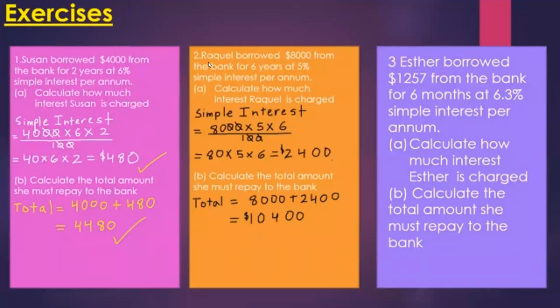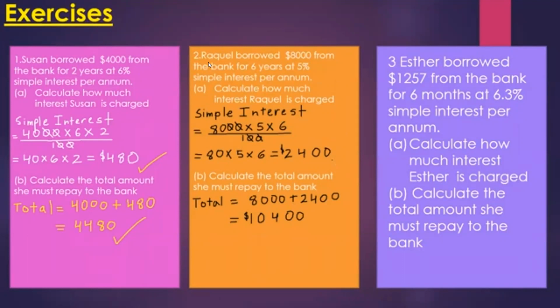Now when we go to set it up, we put the 8,000 times 5 times 6, and we put that over 100 because percent. If you cancel out the two zeros, it'd be 80 times 5 times 6, and then it'd be 80 times 30, then it'd be 2,400 over one, then $2,400.